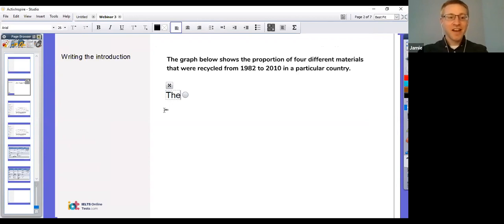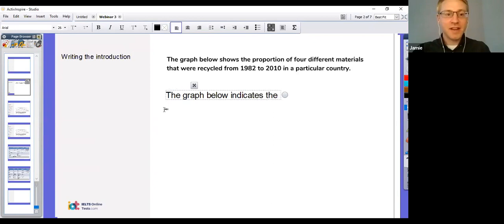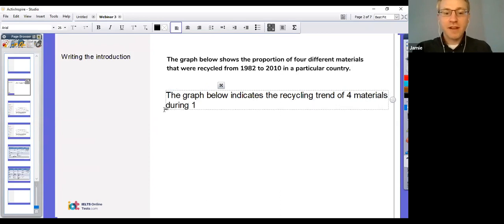Thank you, Jehan. The graph below indicates the recycling trend of 4 materials during 1982 to 2000. Very good.